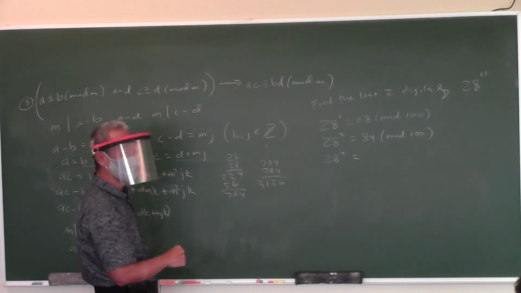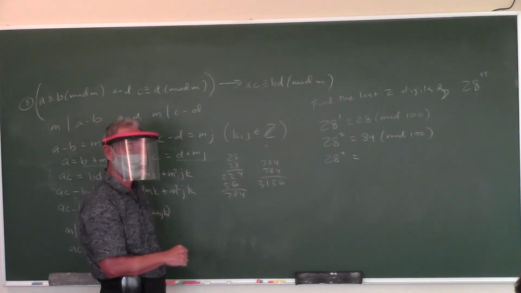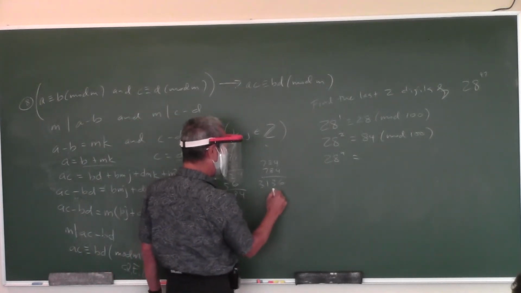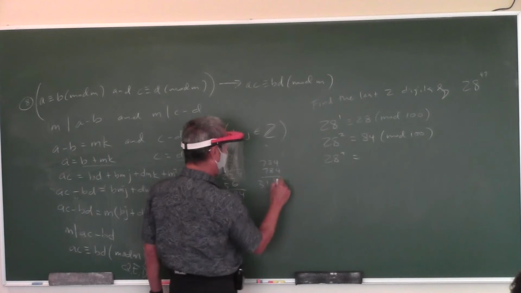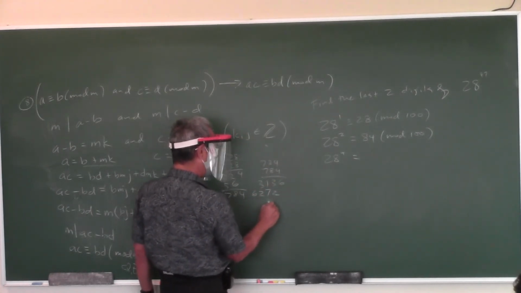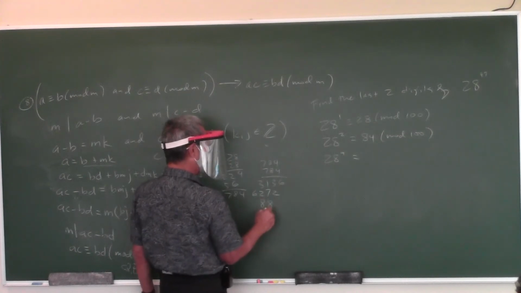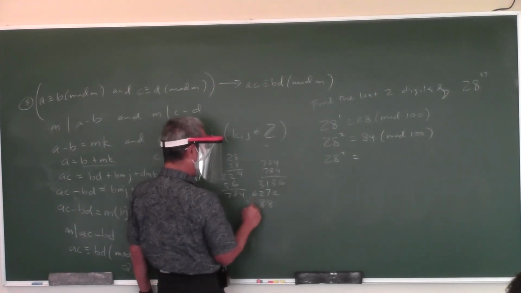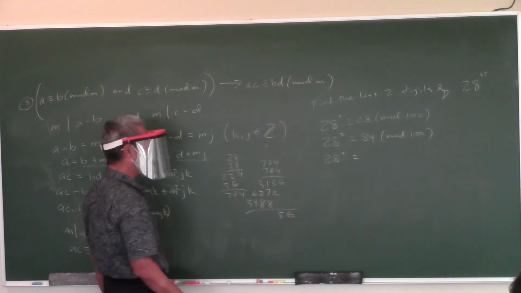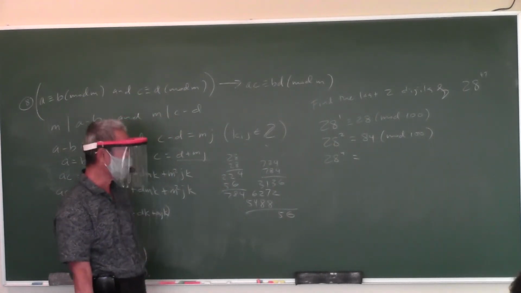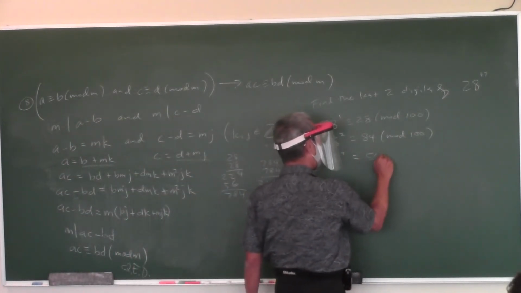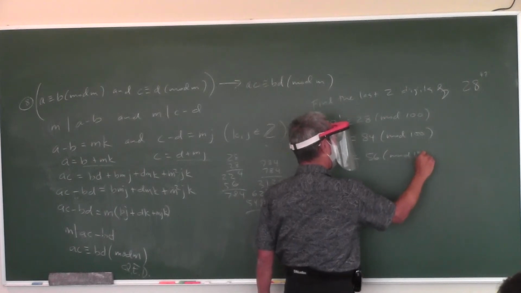So we only need to multiply 84 times 84. 4 times 4 is 16, 6 carry 1... so we get 56. Yeah, so you only need to multiply the last two digits. It's congruent to 56 mod 100.